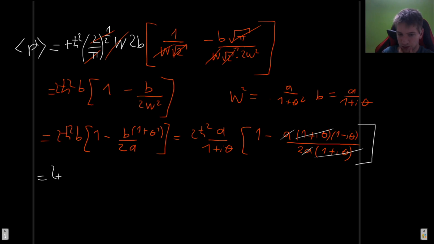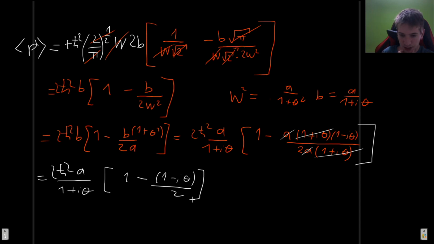A here will cancel out. We get 2 h bar squared a divided by 1 plus I theta. And then we get 1 minus 1 minus, divided by 2. And well, here we can just let this 2 multiply so that we get rid of this divided by 2. 1 will be 2.